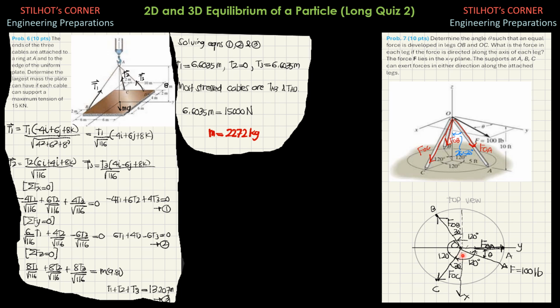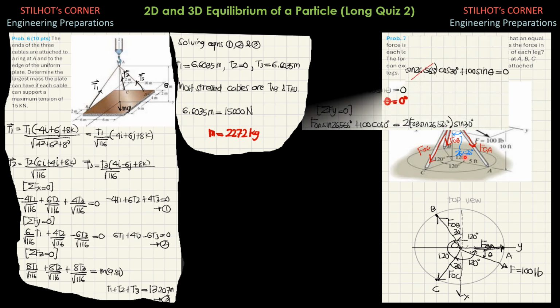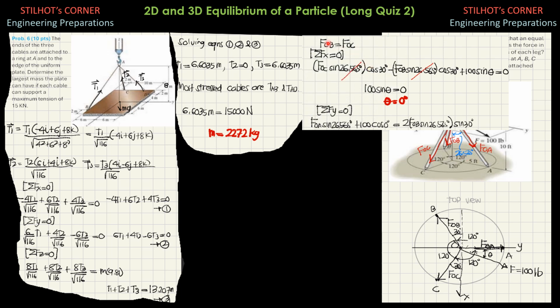FOA has no x component, so the only way these two will be equal is when F is aligned with the y-axis, but we have to verify that, of course. So we have already been given this. Summation of forces along X, take note FOB equals FOC.